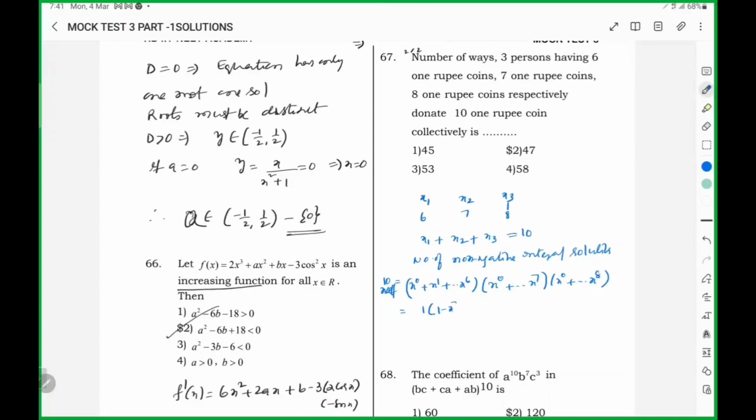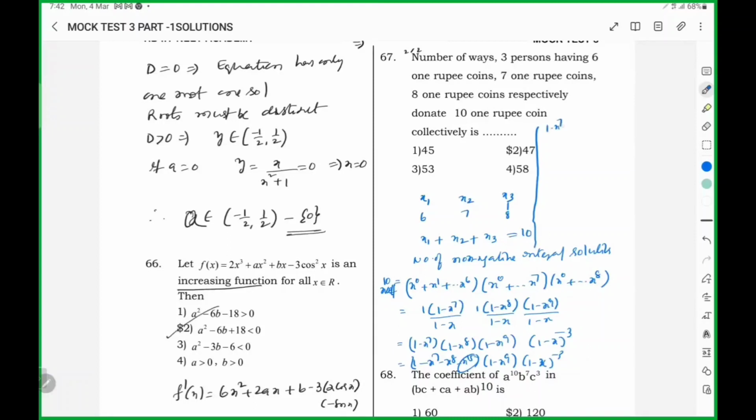So 1 minus x power 7 by 1 minus x, x power 8 by 1 minus x. This one is 1 minus x power 8 into 1 minus x whole power minus 3. If you multiply this, x power 15, which we don't require because we have to find only the x power 10 coefficient.